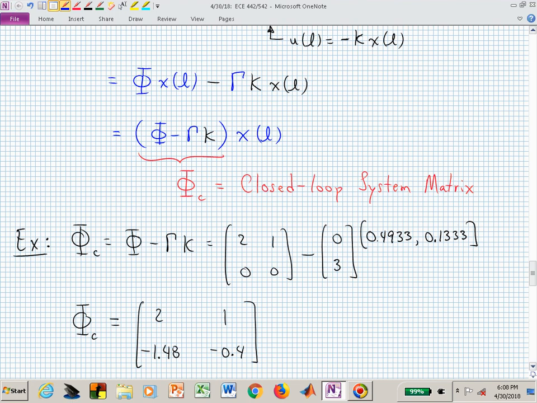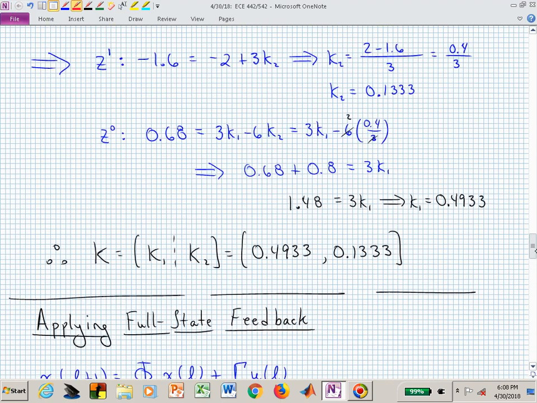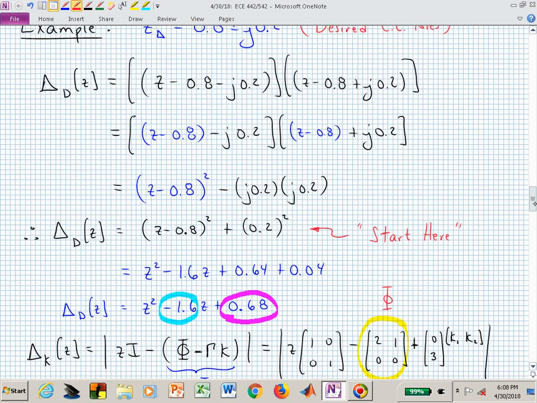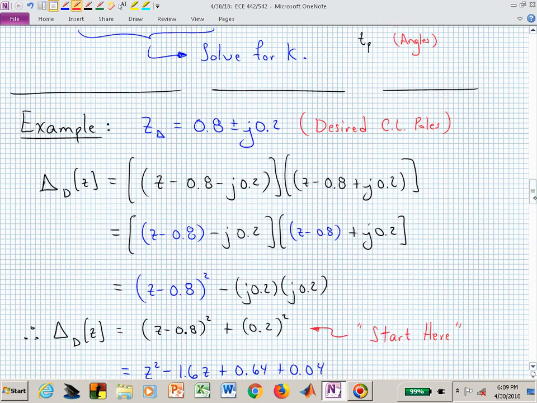With this choice, so here is our full state feedback gain matrix K, and we found those entries, K sub 1 and K sub 2, to produce eigenvalues at 0.8 plus and minus j 0.2. That's how we found those K1 and K2.